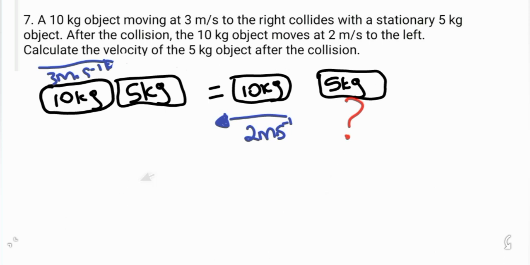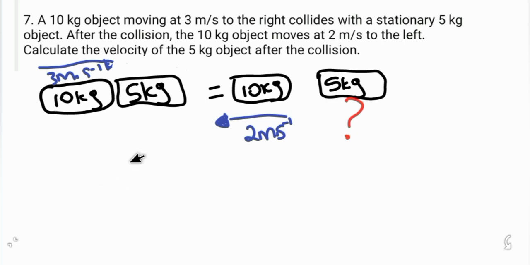We are given that the 5 kg object before the collision was stationary. When the object is stationary, that means it was not moving to the left or right. Then the initial velocity for the 5 kg block is 0.